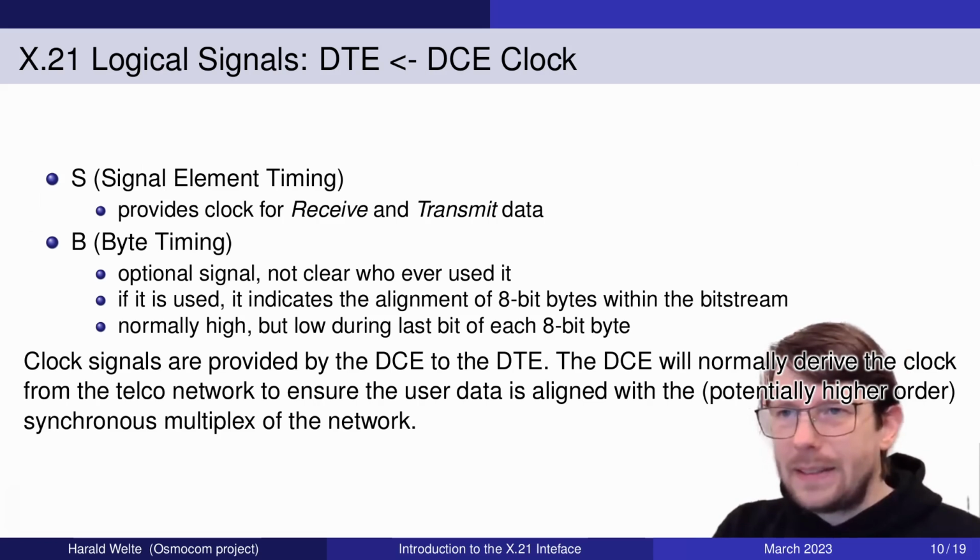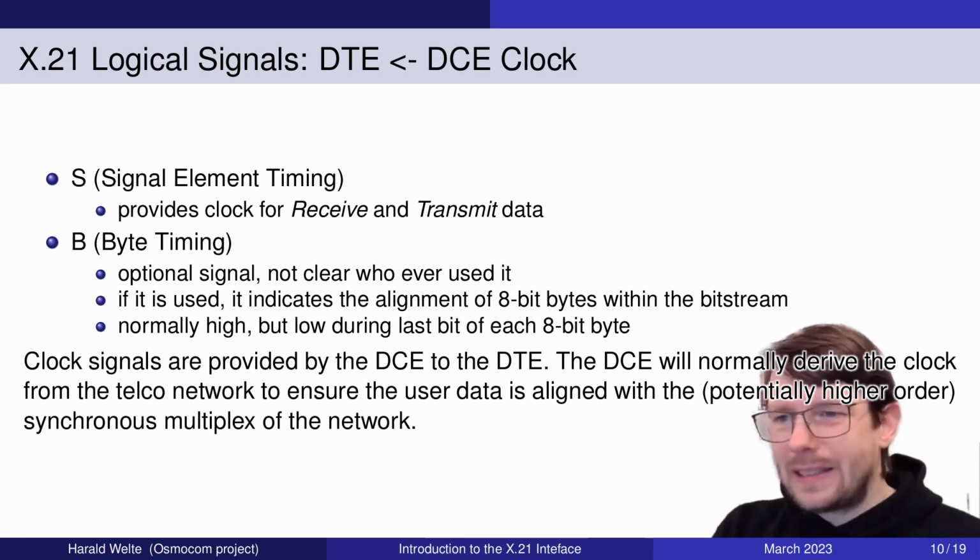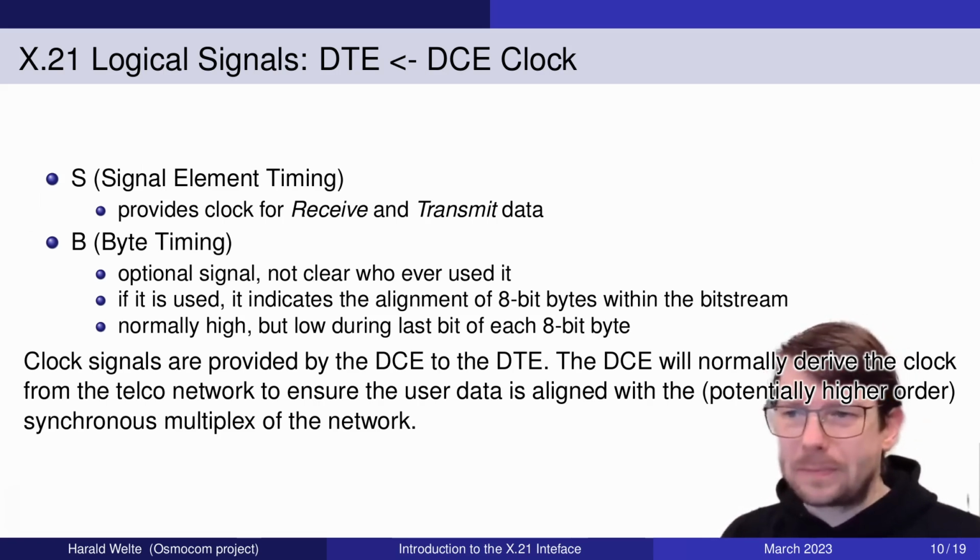And the DCE will normally derive this from some clock from the telecommunications network it is attached to. So the telecom network is the master of the clock, and the DCE recovers that clock somehow from the line. And then the clock is passed on to the DTE to make sure all elements in the network have the same clock and transmit at the same bit rate.